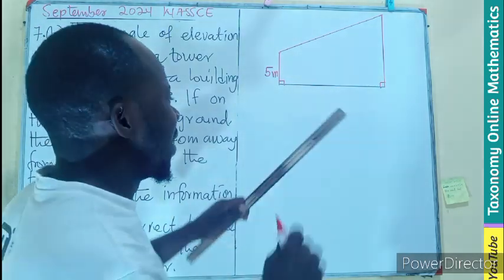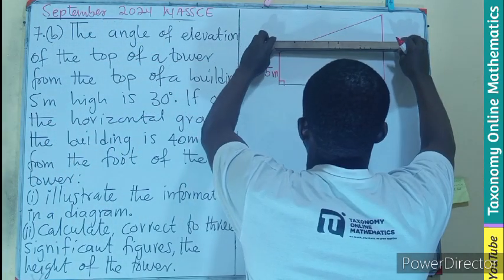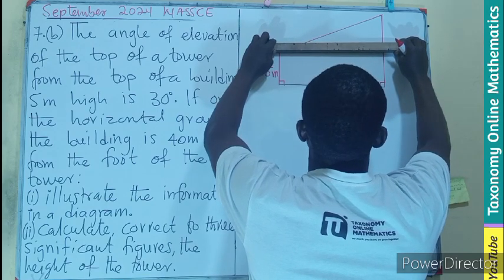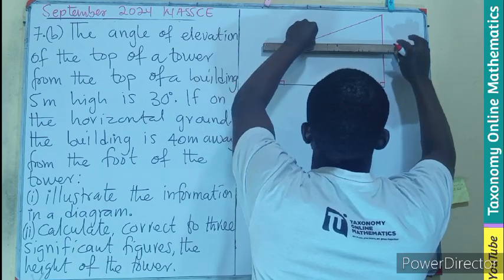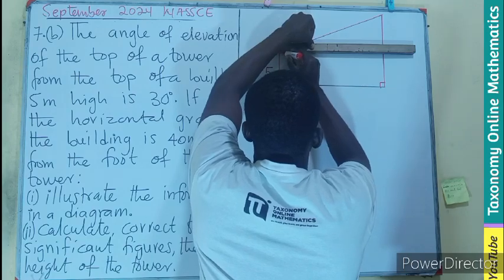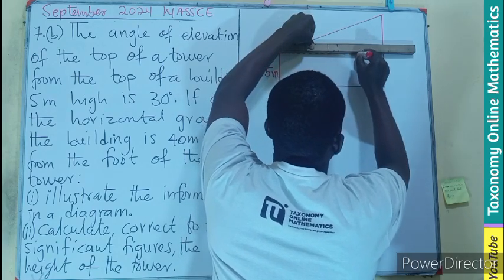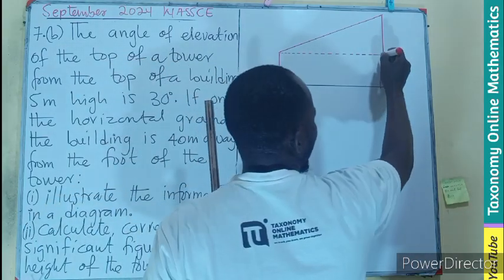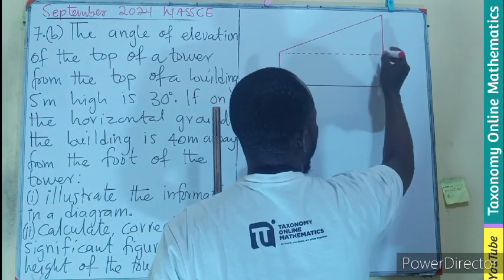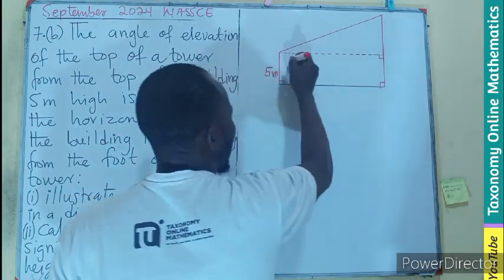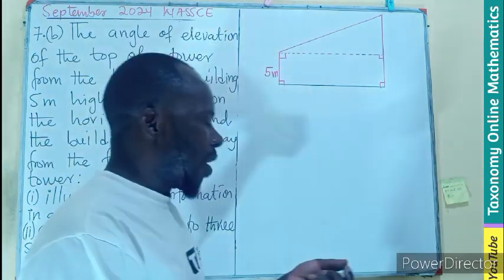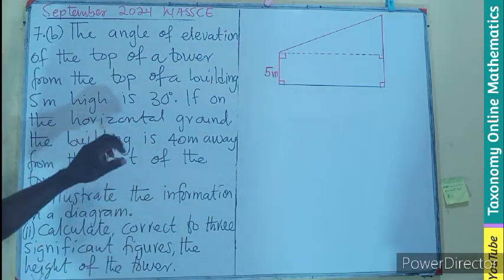But let's see if we can draw this line to show the level of the building in connection with the tower. So since this line is going to be parallel, that will also give us a right angle out there.